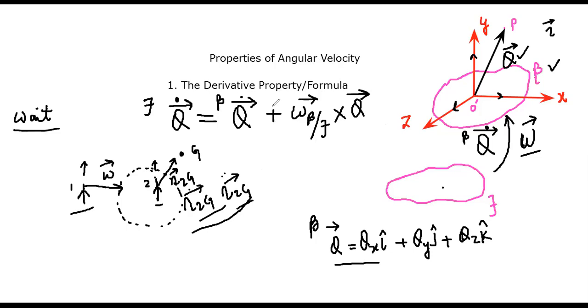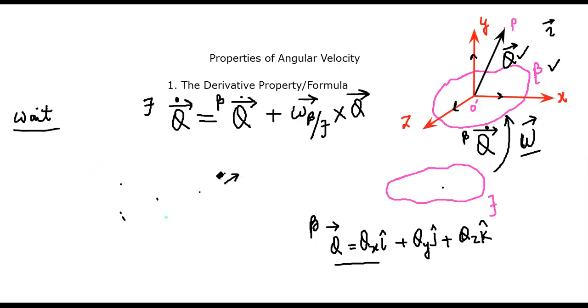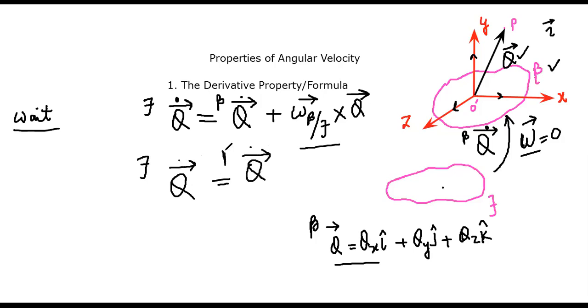The reason is that if the two frames have zero angular velocity, that is, if beta is not rotating with respect to the ground frame of reference, so that omega is equal to 0, then the value of the derivative in the ground frame of reference is the same as the value of the derivative of this vector in the beta frame of reference. These two derivatives become the same. So we are defining a vector in the beta frame of reference.